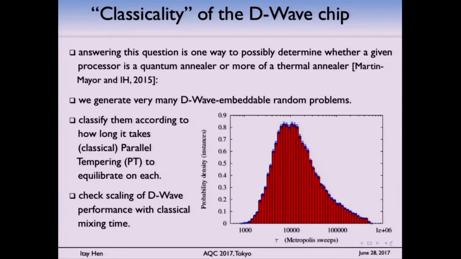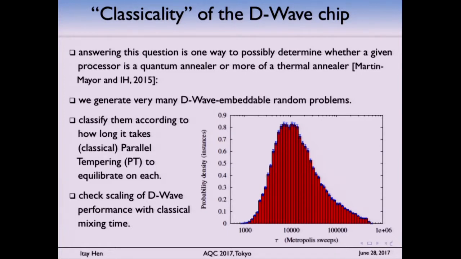To us, it was a way to determine how quantum annealers use quantum features versus thermal features. Because if they are very susceptible to temperature chaos or to long mixing times, then they are more thermal-like, or they are affected by thermal effects quite a bit.